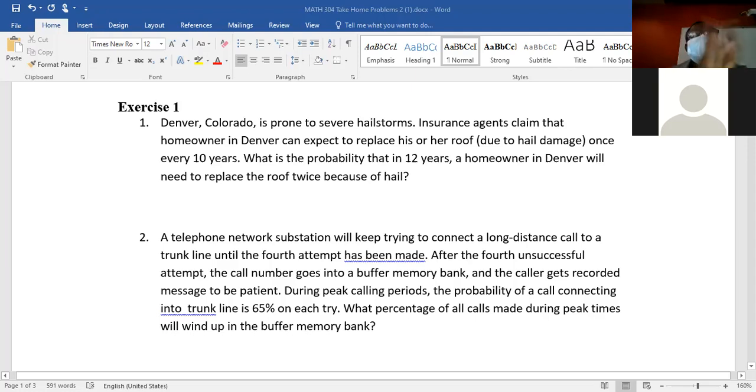So if you want to find, for example, E of x squared, we will say that let g of x be equal to x squared.